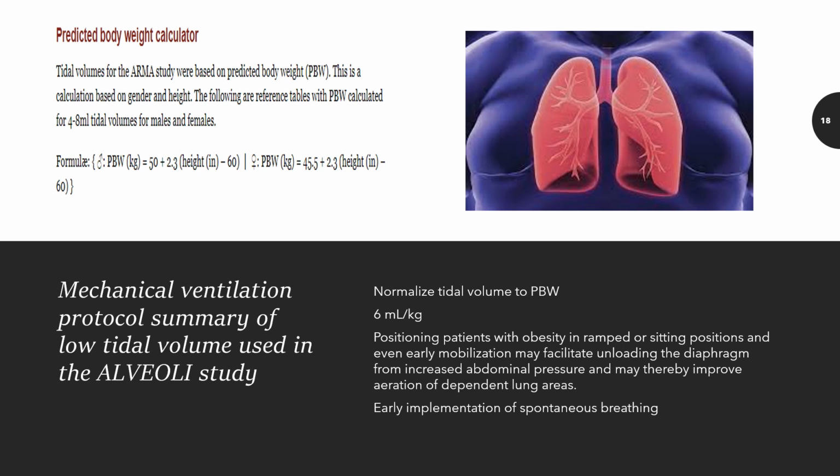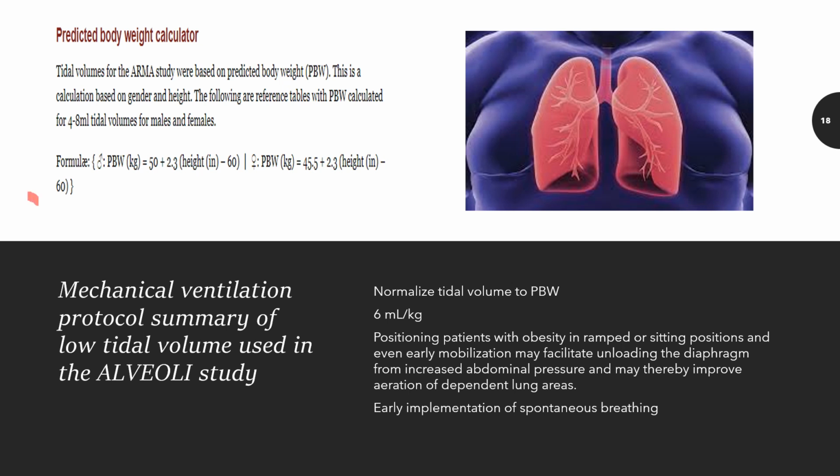You really have to use a formula. And most of the well-known studies out there, like the ARMA study, which looked at ARDS and acute lung injury, and other studies, all of them want to use the formula for predicted body weight, which is located right here.